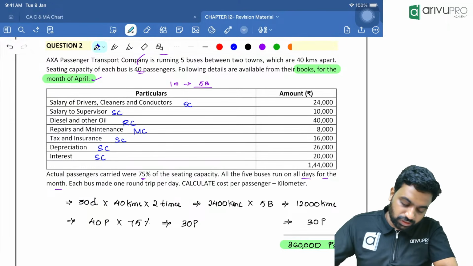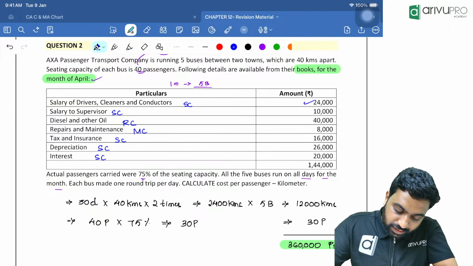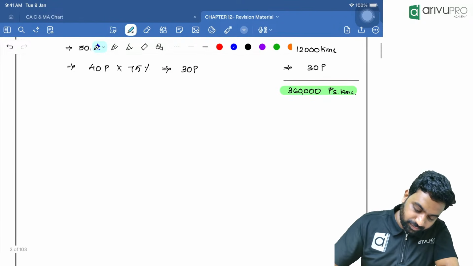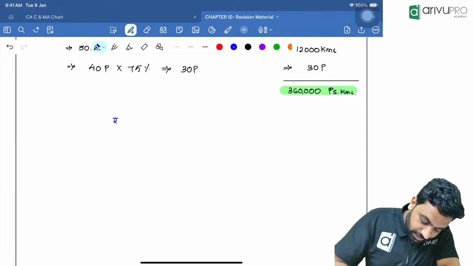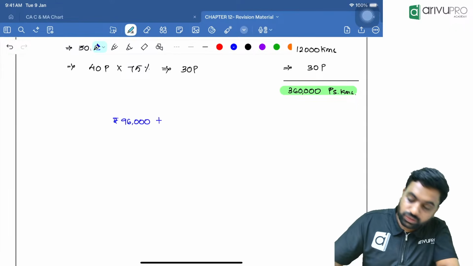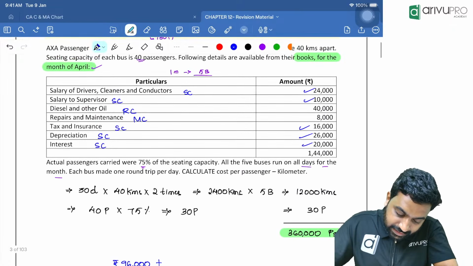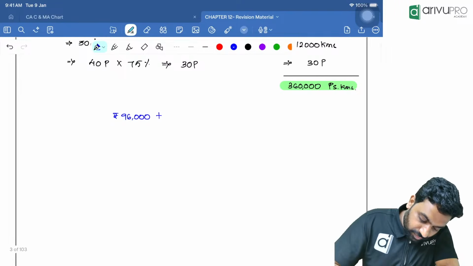So now your total standing charges would be 24,000, 10,000, 34,000, 16,000, 50,000, 76,000, 96,000. So your standing charges would be 96,000 and your maintenance charges 8,000. You should store it in the statement, okay?